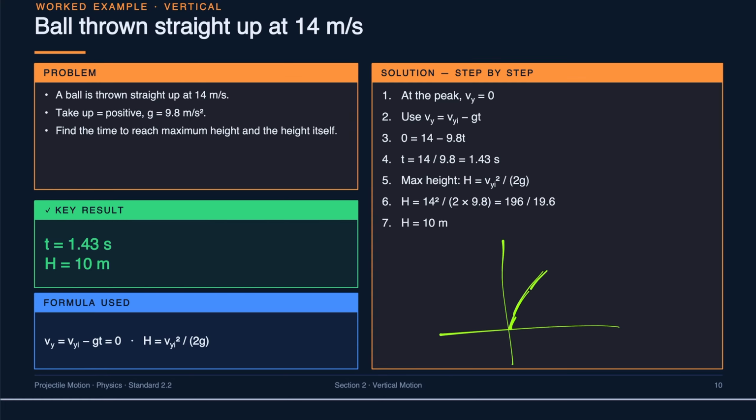It's 14 meters per second. A bit hard to read, but it's fine. Take up equals positive, g equals 9.8 meters per second squared. Okay, that means up is the positive direction and down is the negative direction. Find the time to reach maximum height and the height itself.